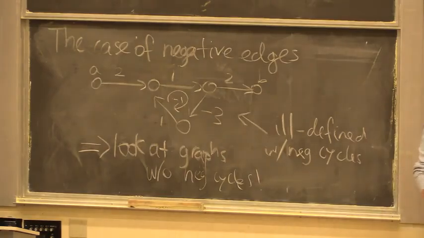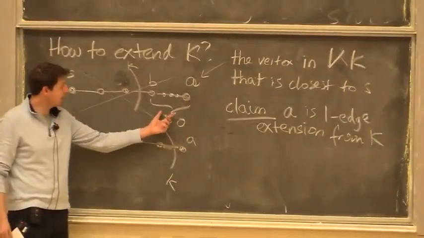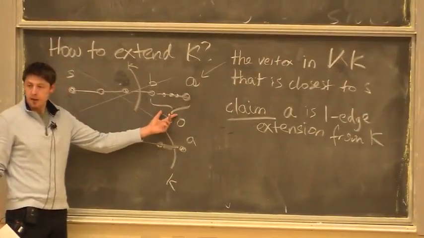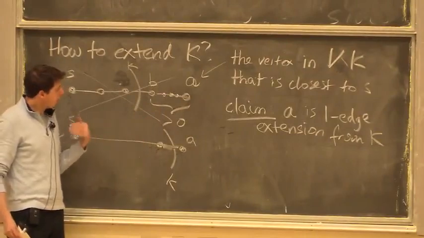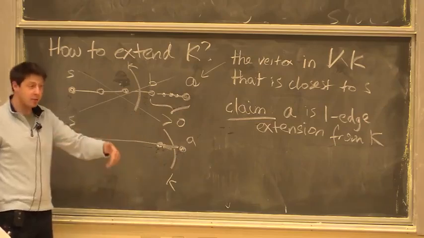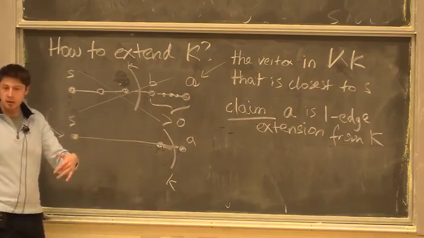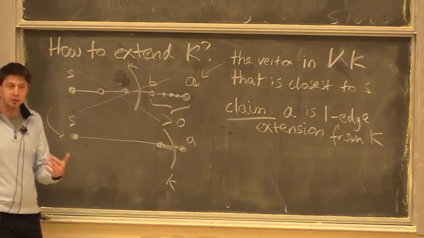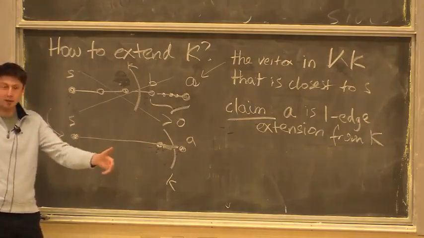And to argue that it is a one-edge extension relied on the fact that on a shortest path, intermediate nodes are closer to the start vertex than the end of the shortest path.